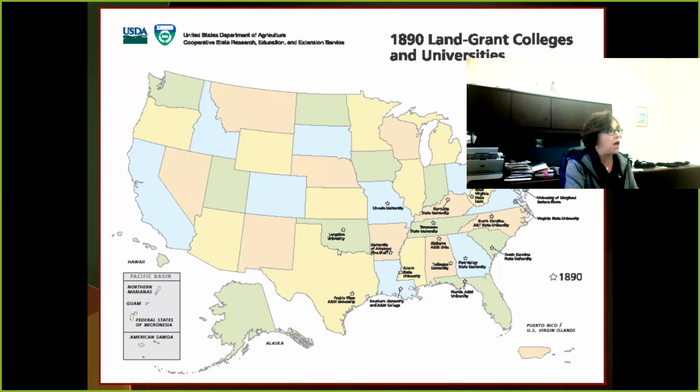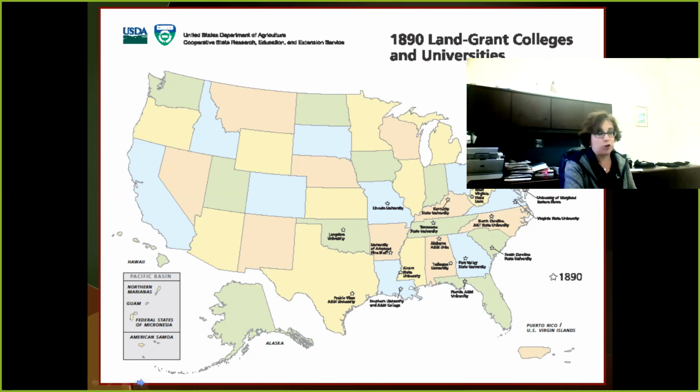I know in Oklahoma at Langston, they have a separate extension and a separate 4-H program. They have two 4-H program leaders, one at Langston, one at Oklahoma State. The same in Texas. Prairie View works very closely with them, but they are two separate programs.